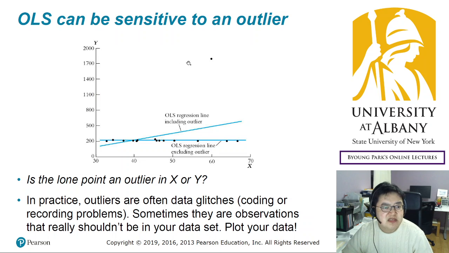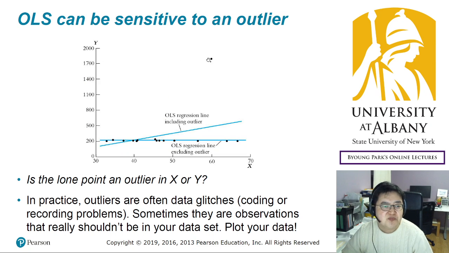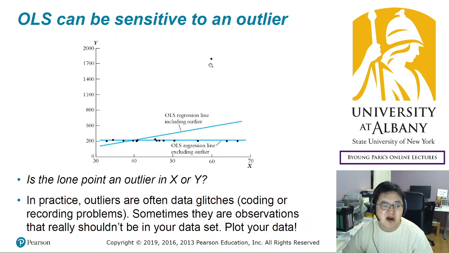So 170 was mistyped as 1700. So something is wrong. Then the problem here is, without this guy, you are going to have a flatter estimated regression line. But when you add just one outlier, your regression results change like this.